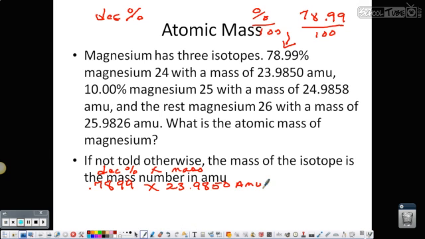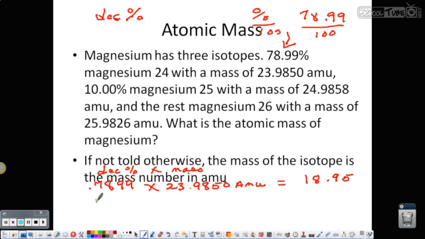Equals, alright, take out your calculator: 0.7899 times 23.9850 equals 18.95, because we have to round. And we need 4 significant figures. There are 4 significant figures here, so I need 4 significant figures in my answer unless I'm told otherwise.